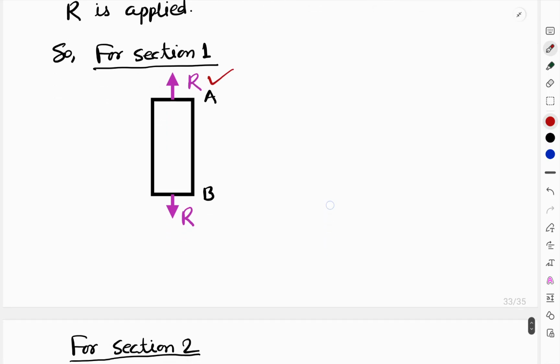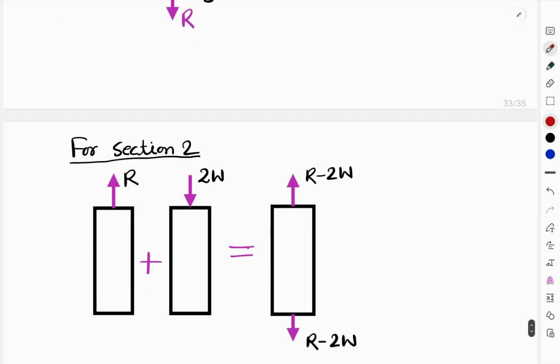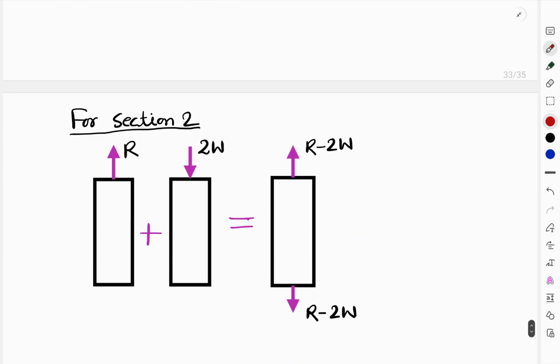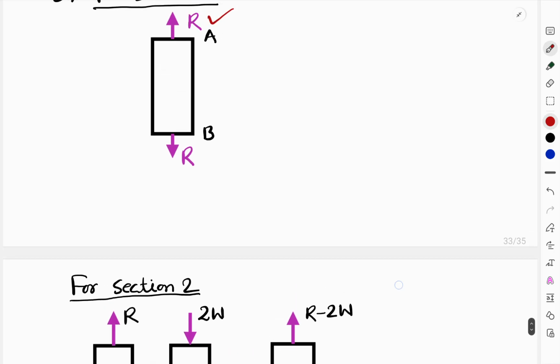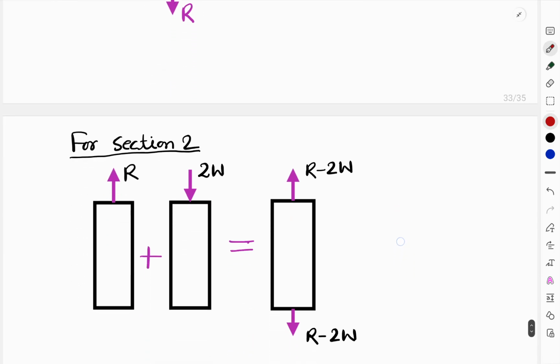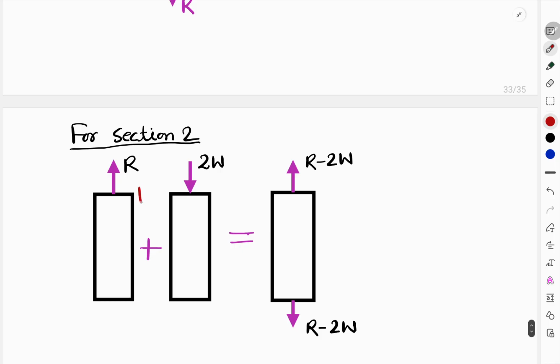Next, see the second member. For the second member, at point B, R is applied as the reaction. Here also at point B, R is applied. This is between points B and C, and one more load is applied. Now applying the principle of superposition, for one reaction, this section is given.